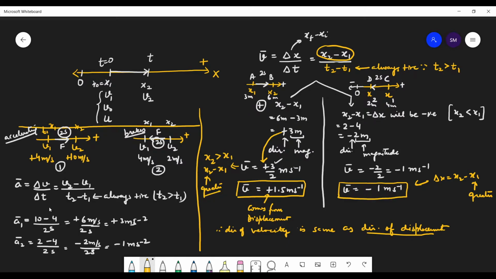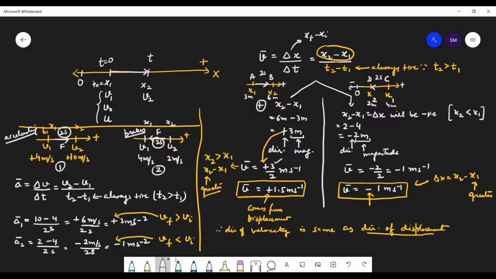Now in this case you get positive because the final velocity is greater than the initial velocity. You get negative because the final velocity is lesser than the initial velocity. It is a vector quantity, also.